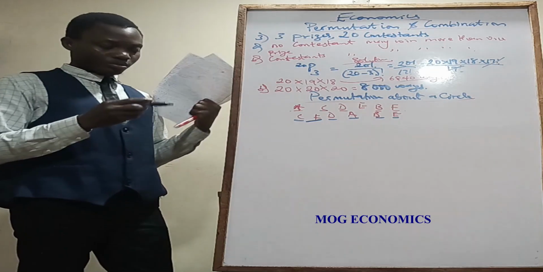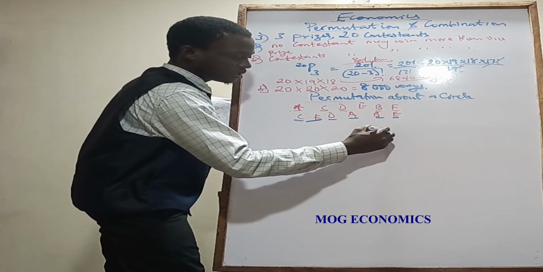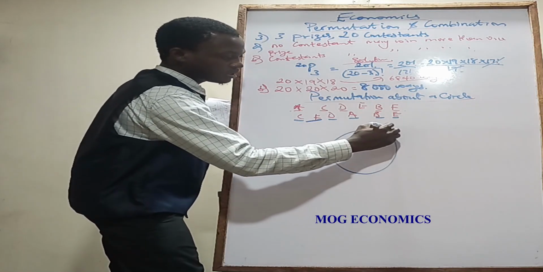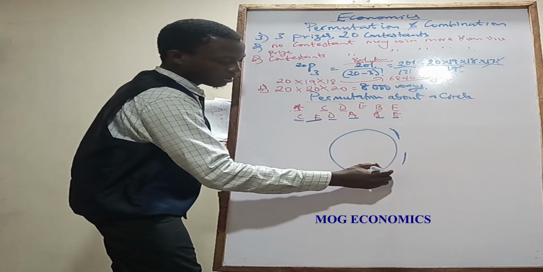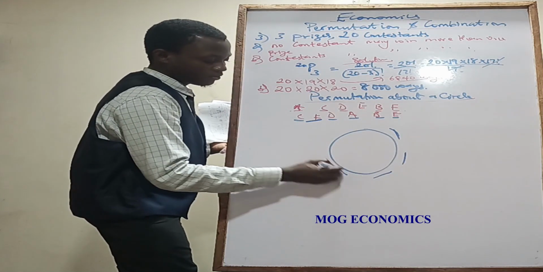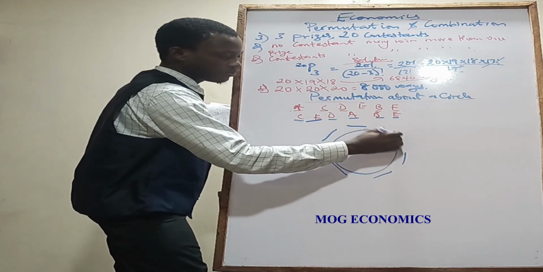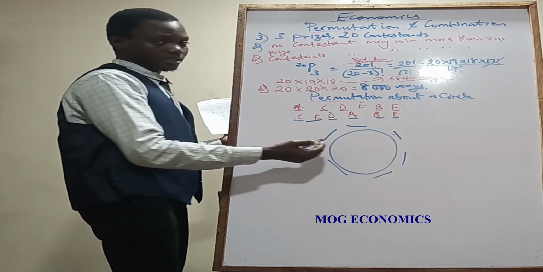But for a circle, let's say this is a circle, right? So there's a seat here. One is a seat, 2, 3, 4, 5, 6. So imagine that you're at an event with 6 of your friends. You can sit here, here, here, here, here.